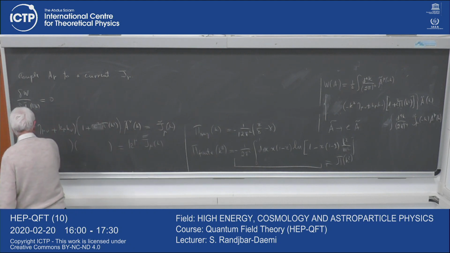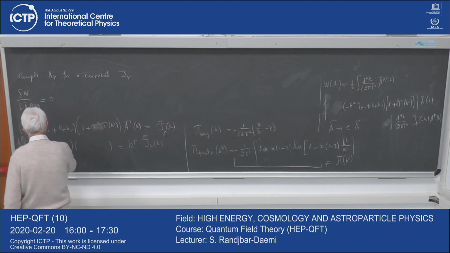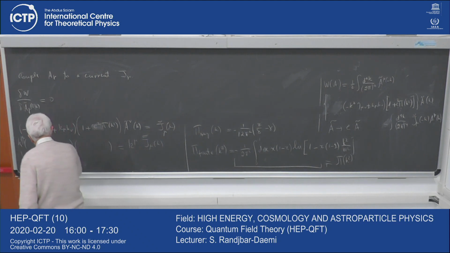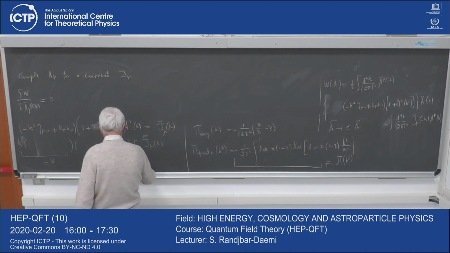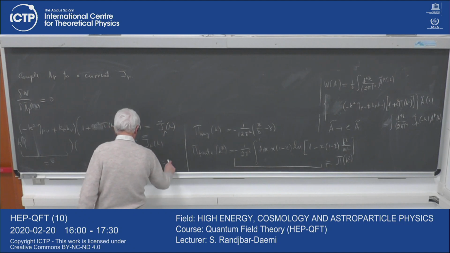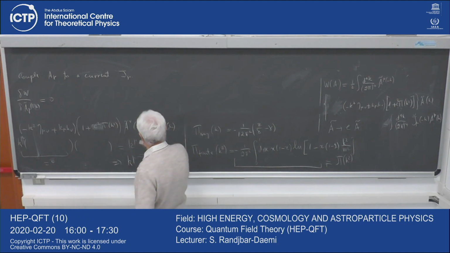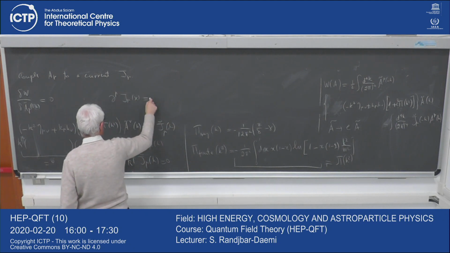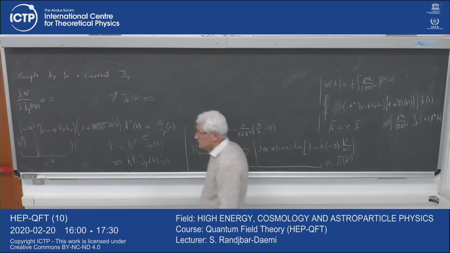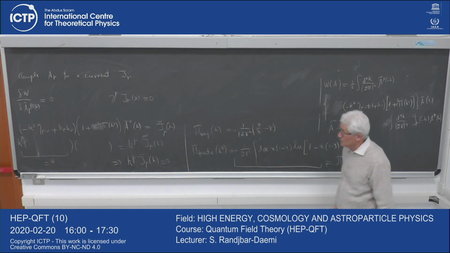But this tensor is 0. If you multiply this by k, you get 0. So this is telling you that for the equations to become consistent, the source should satisfy that relation, which in x space means d mu j mu of x equals 0. It should be a conserved source.